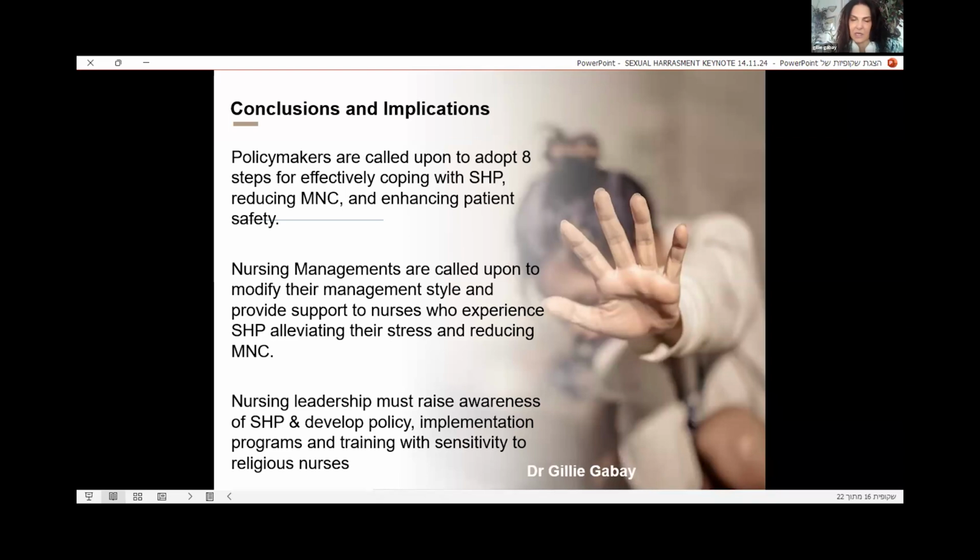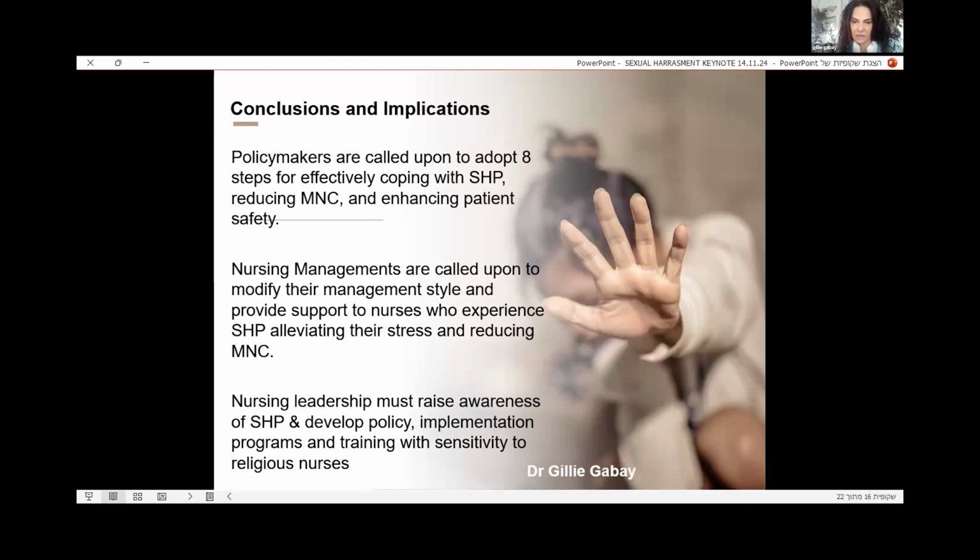Nursing managements are called upon to modify their management style, enhance listening to nurses, provide support to nurses that experience or witness the sexual harassment, alleviate their stress, and reduce missed nursing care.